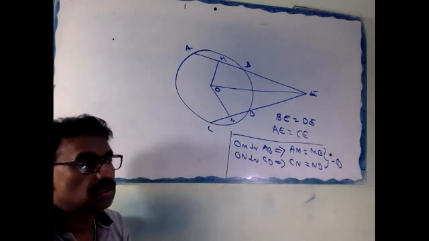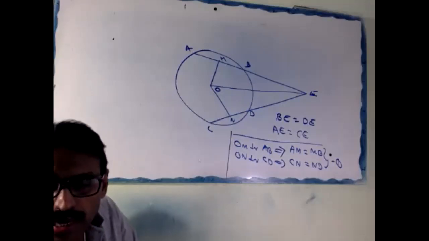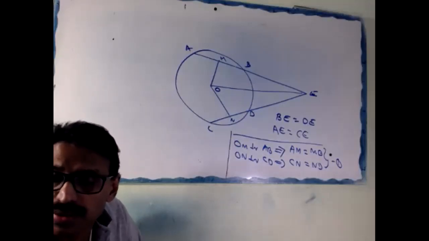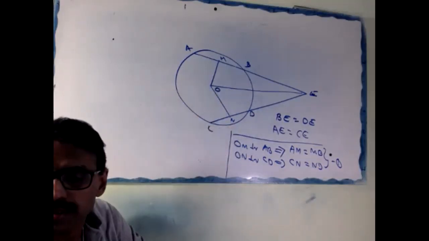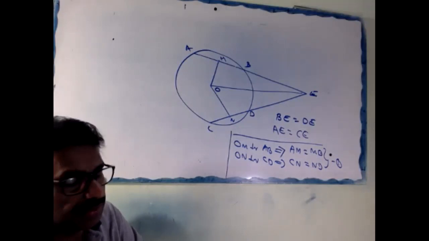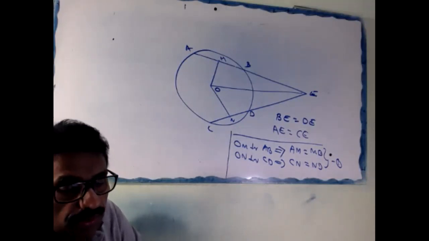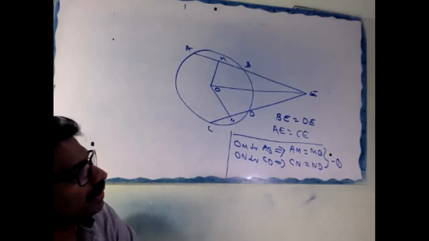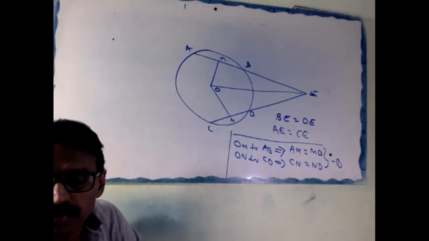Okay, so what did you get? Triangle OME is congruent to triangle ONE by RHS congruency. OM equals ON, equal chords are equal distance from the center. OE equals OE, common. Therefore, triangle OME is congruent to triangle ONE by RHS congruency.